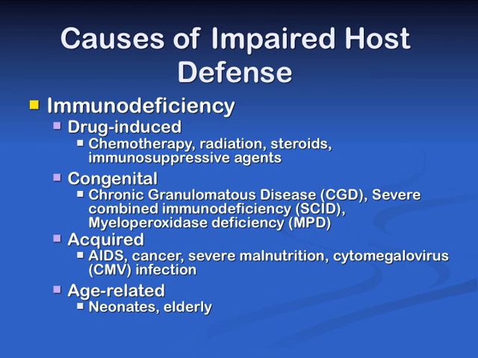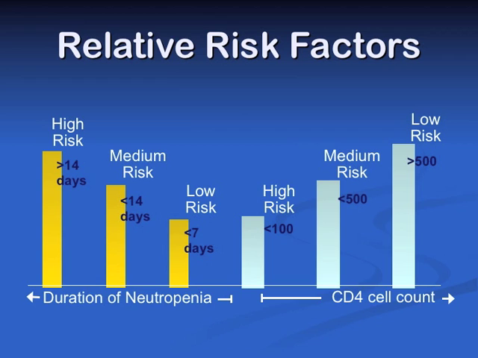Patients with congenital conditions such as CGD, SCIDs, MPD, or patients with acquired impairments in their immunodeficiency state, such of course as HIV/AIDS. Patients who have cytomegalovirus have also been shown to be immunodeficient in addition to the deficiency that led to the CMV infection, and the very old and the very young.